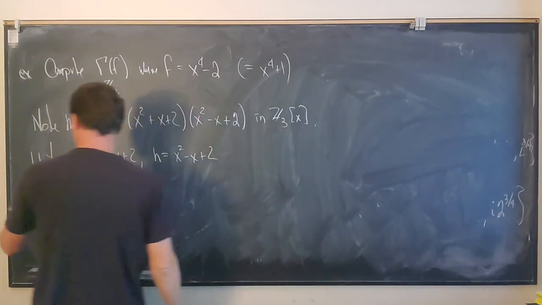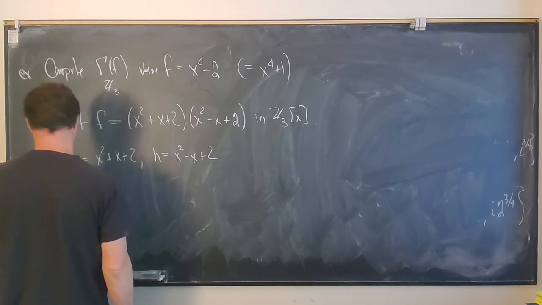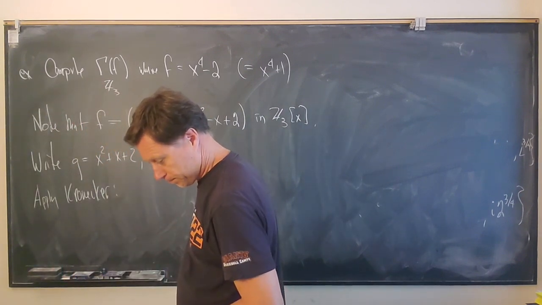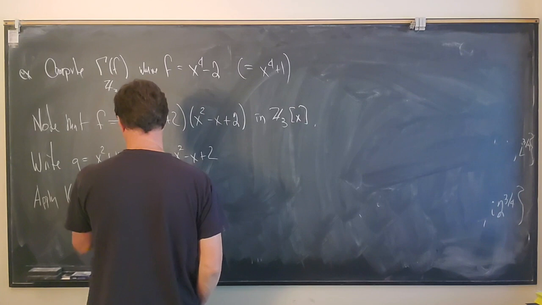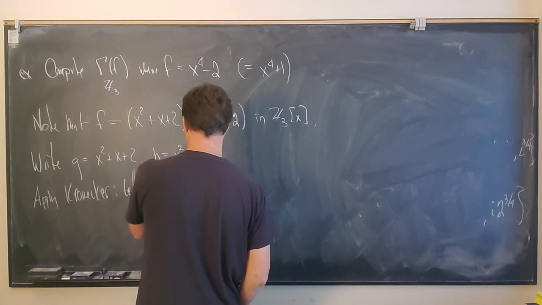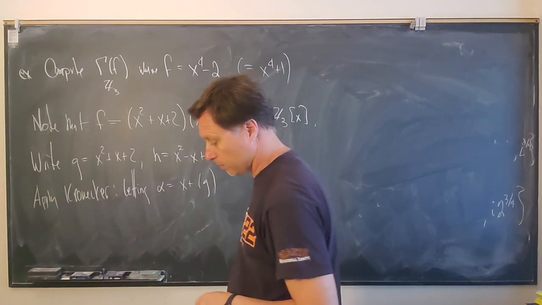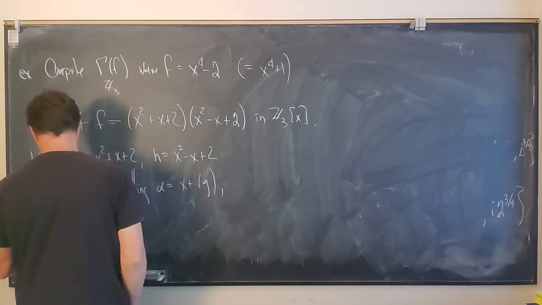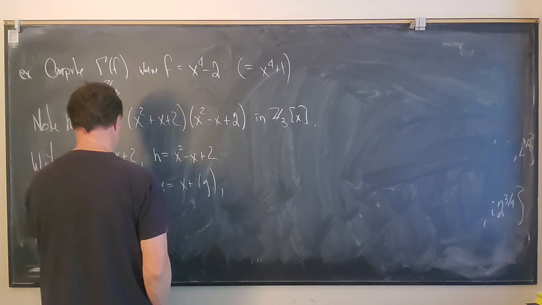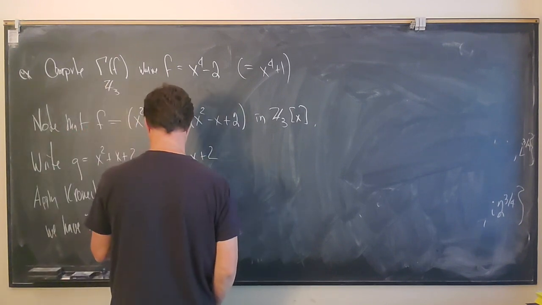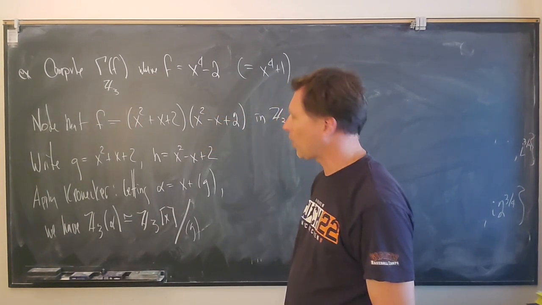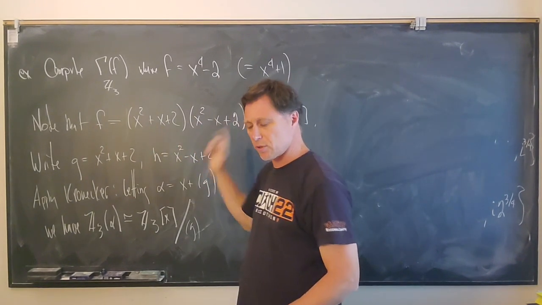So letting, say, alpha equal x plus the ideal generated by G, we have Z3 adjoin alpha, which is of course isomorphic to Z3 bracket x mod the ideal generated by G. Oh, I should point out that each of these polynomials is irreducible over Z3.